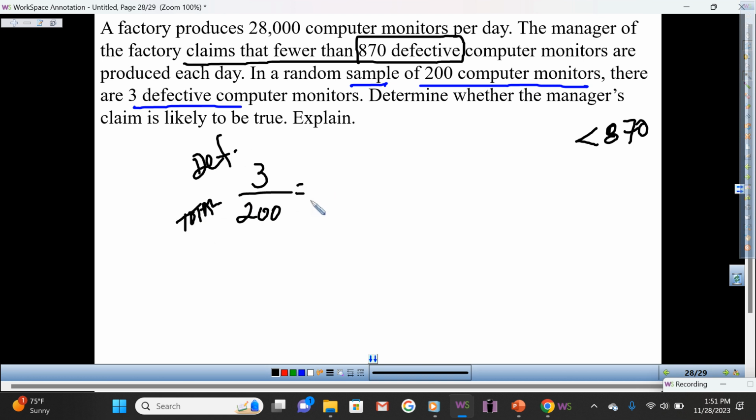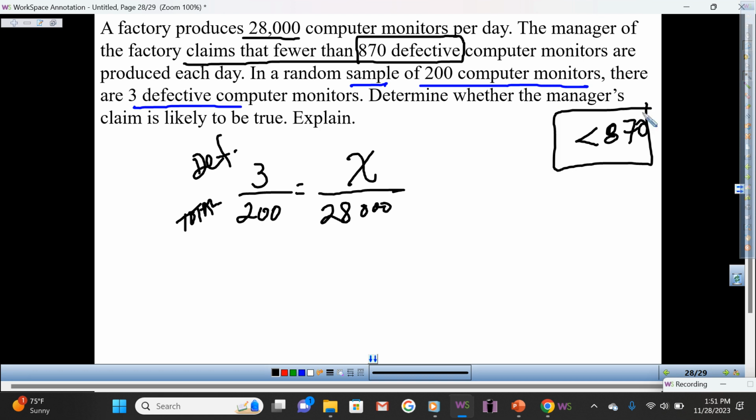All right. So according to the problem, how many total are produced in one day? The total produced are 28,000. So we want to see if the number for the 28,000, according to the sample, gives us a number below 870.